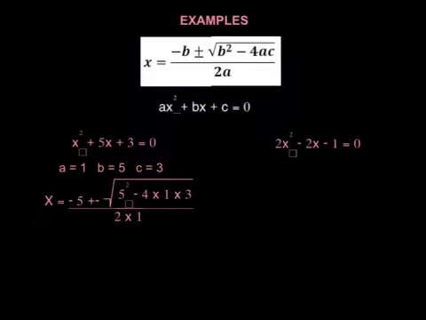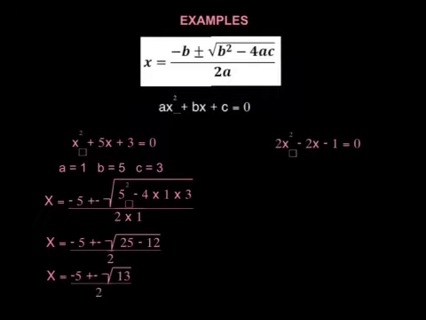Minus b is minus 5, plus or minus the square root of 5 squared minus 4 times 1 times 3, over 2 multiplied by 1. When we simplify that, we have minus 5 plus or minus the square root of 25 minus 12, all divided by 2, which simplifies again to minus 5 plus or minus the square root of 13, over 2.